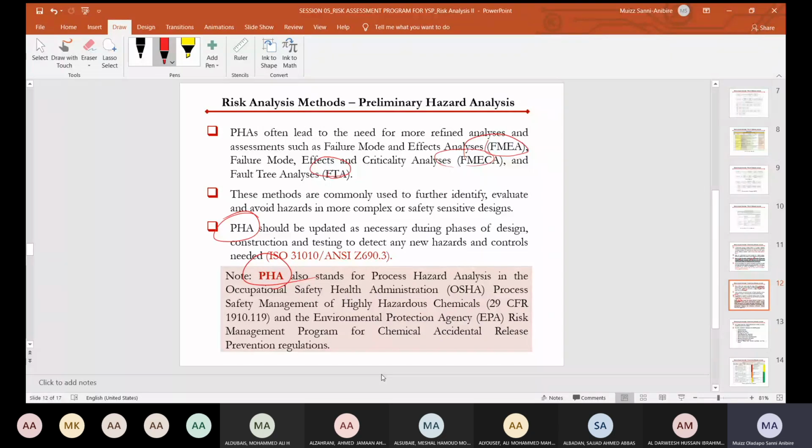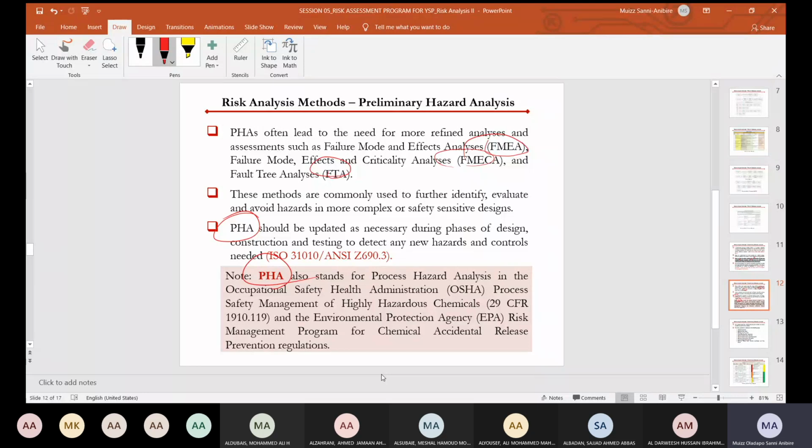It is for those that study chemicals or hazardous materials and things like that. You have to do a PHA anytime there's an emergency. So PHA stands for process hazard analysis in the OSHA document. All right. In the EPA risk management program for chemical accidental release prevention.